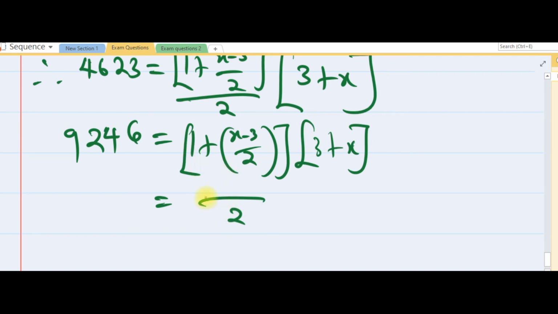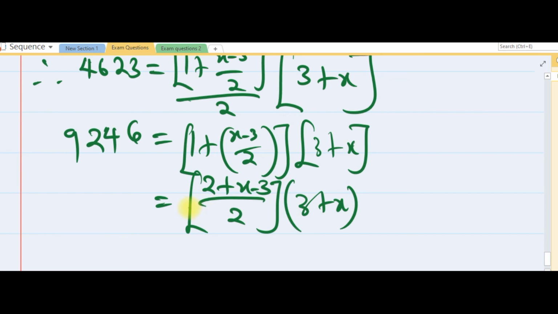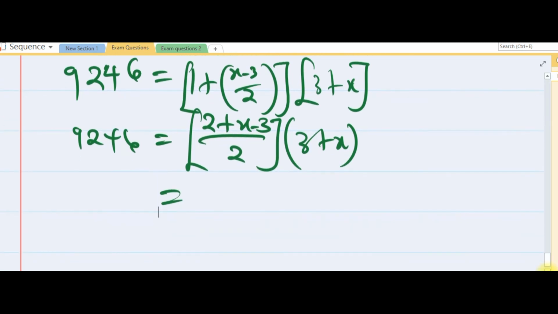So 2 plus x minus 3, times 3 plus x, equals 9,246. We can still move 2 to the other side. So 2 times this is 2 times 9,246, which is 18,492.